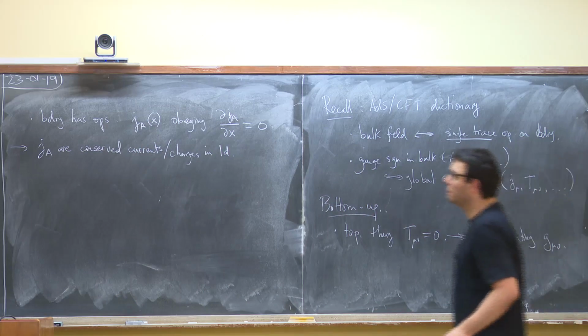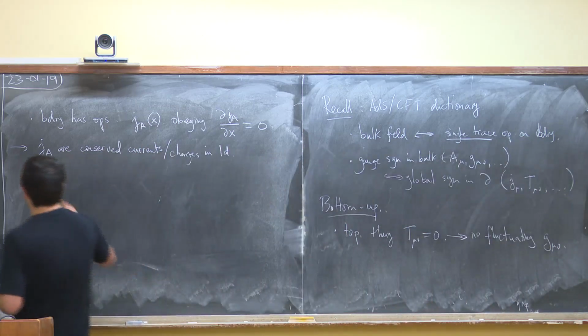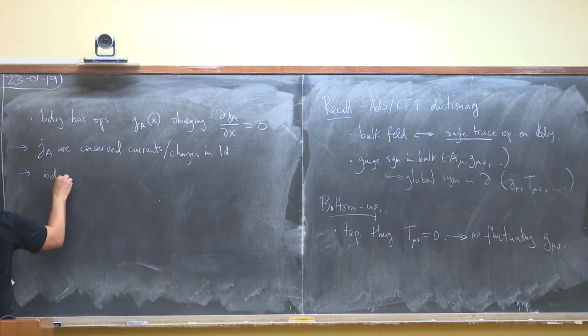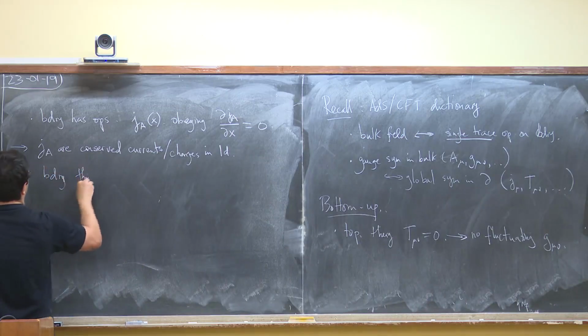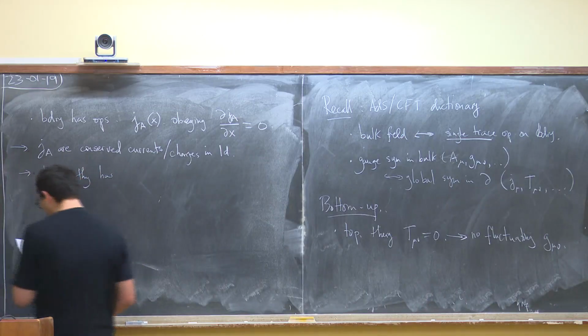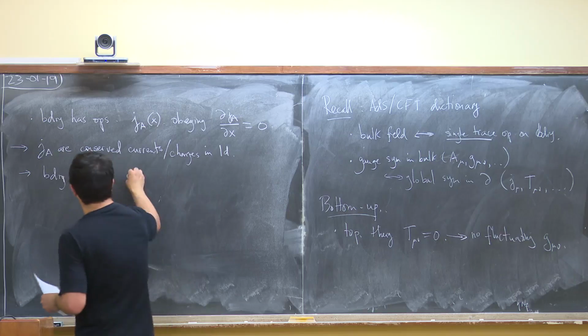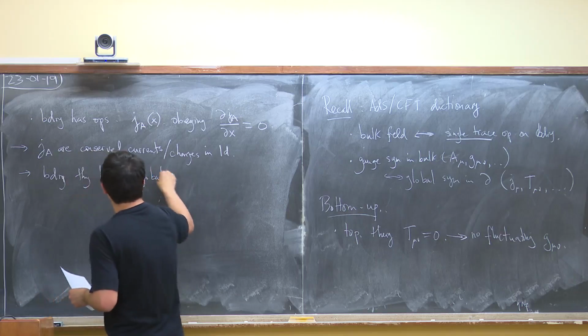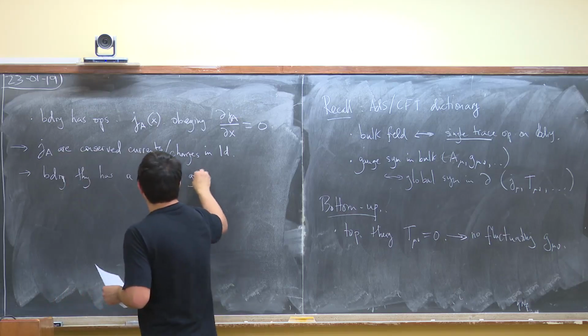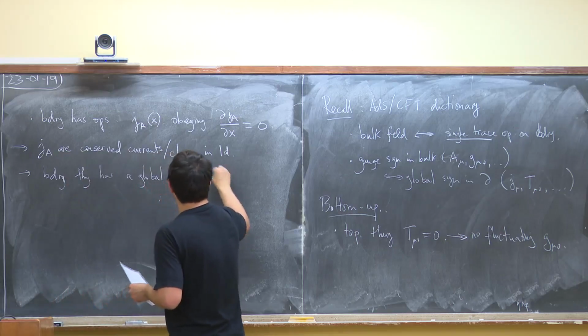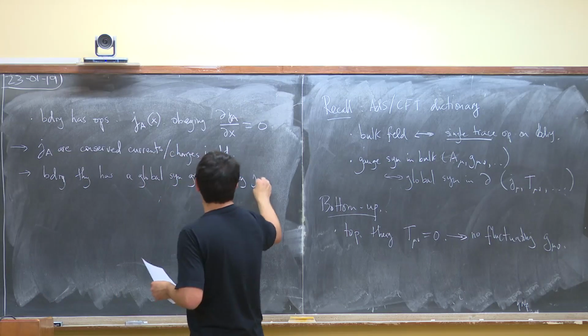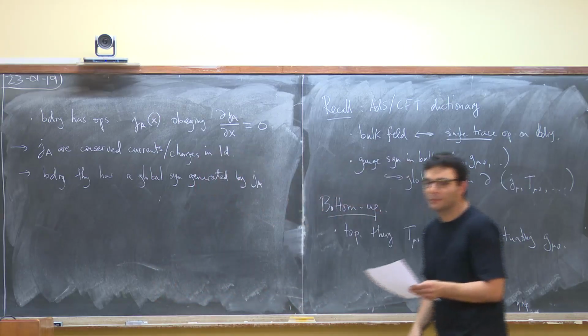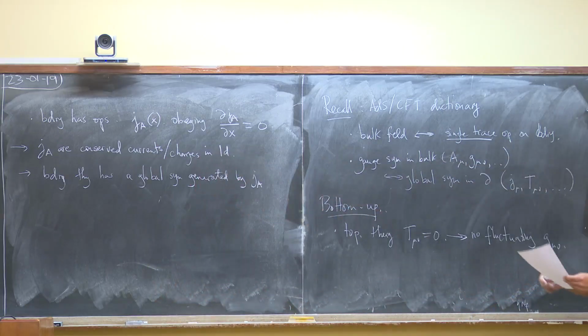So that means that the boundary theory has a global symmetry generated by J^A. Contact terms tell you the charges of one generator under the other.